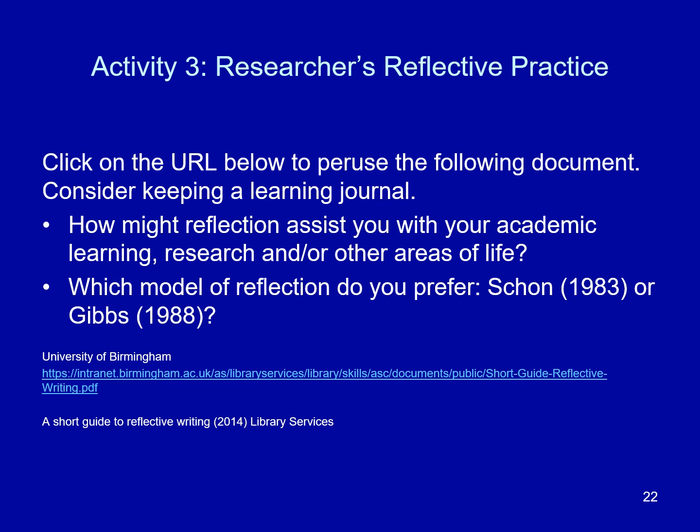And you can ask yourself, how might reflection assist you with your academic learning, your research, or in other areas of life? Have a look at the types of models for reflection that are presented in this text and see whether you prefer that of Schön or that of Gibbs.